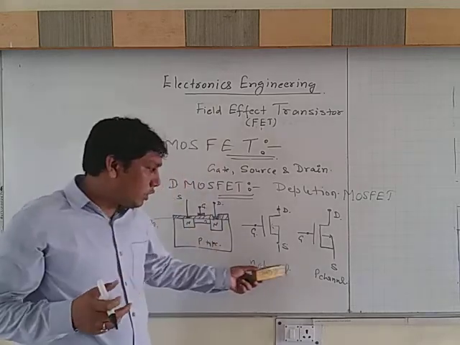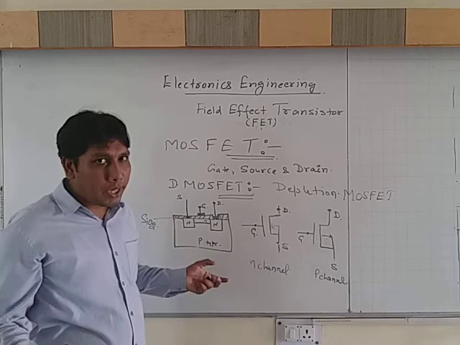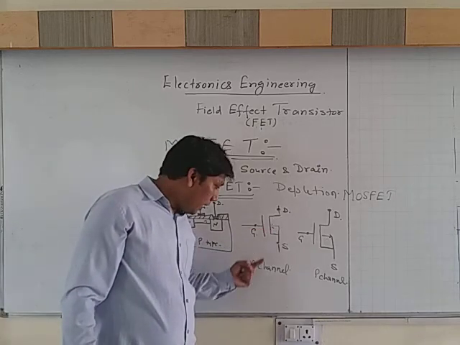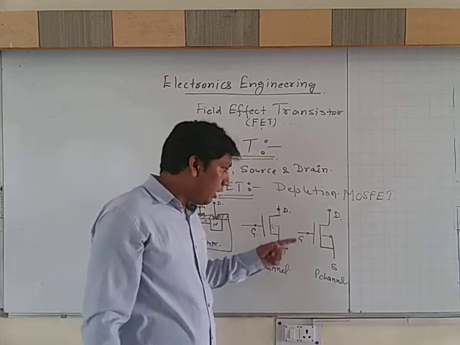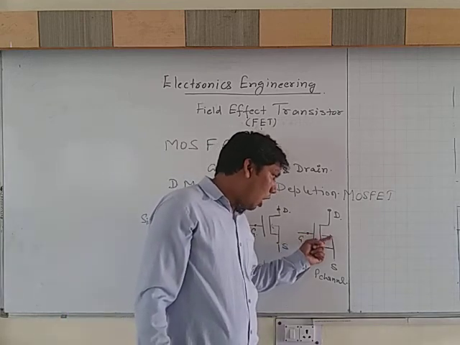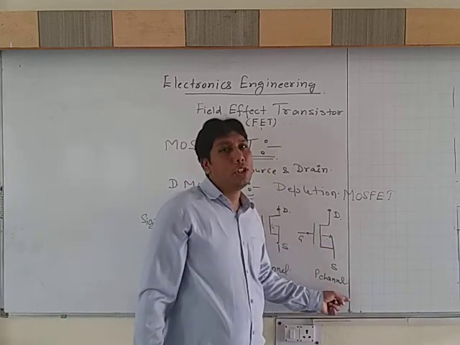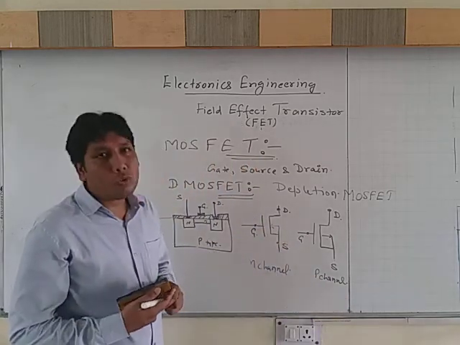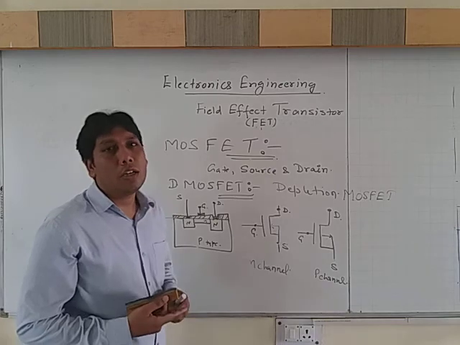The symbol of N channel and P channel is made in the same way. If the direction of current is inward, it is N channel, and if the direction of current is outward, it is P channel. This is the symbol of N channel D MOSFET and P channel D MOSFET.